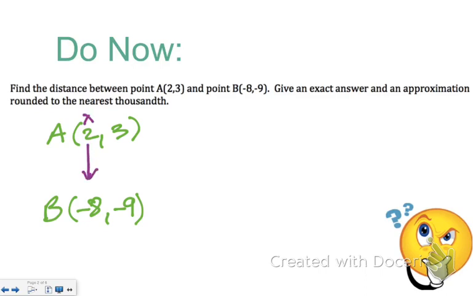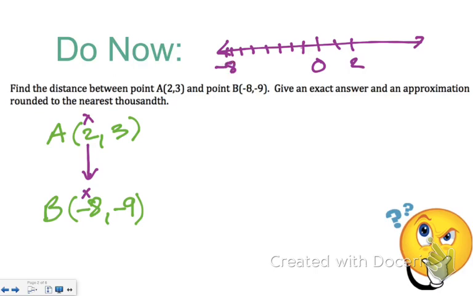Right now we're focused on the x values. 2 is 2 units to the right of 0 on our number line, and -8 is 8 spaces away from 0. Altogether, the distance from -8 to 2 is 10 units. Distance is always measured with a positive value. Distance is never negative. So these two numbers are 10 units apart.